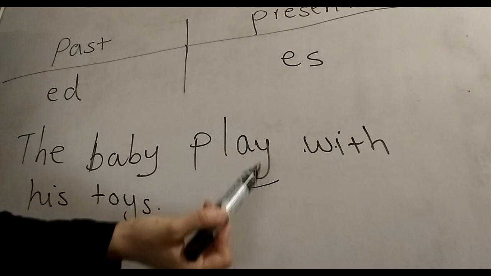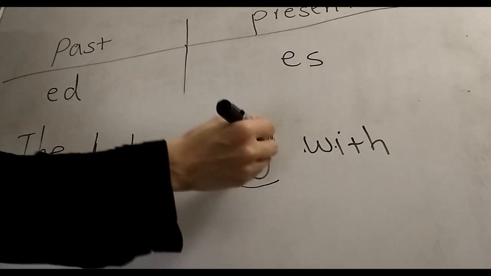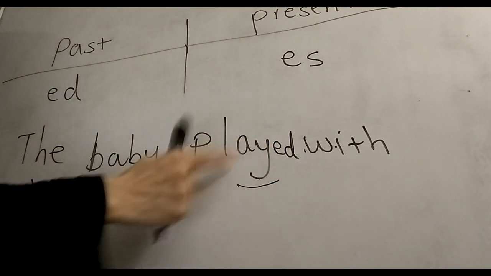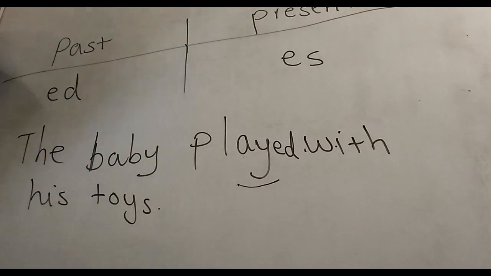Here we have a vowel followed by y, and we just add d if the situation happened in the past, right? If it is connected to something that happened in the past, like the baby played with his toys a few minutes ago, or a few seconds ago, a few hours ago.